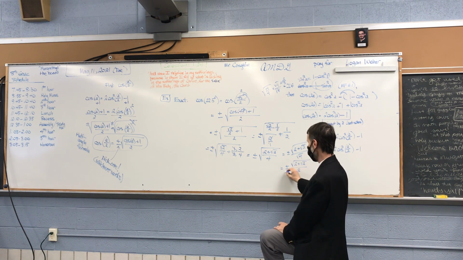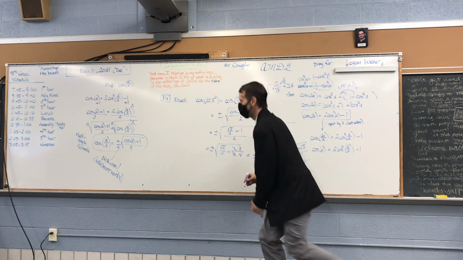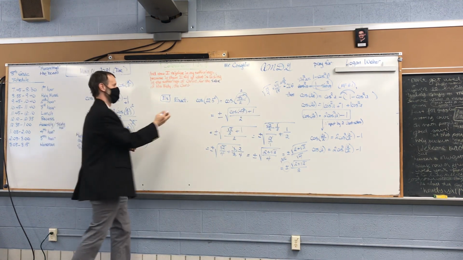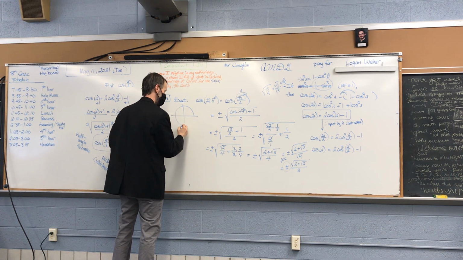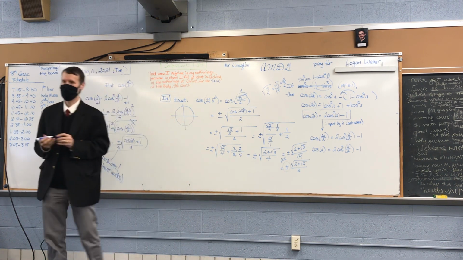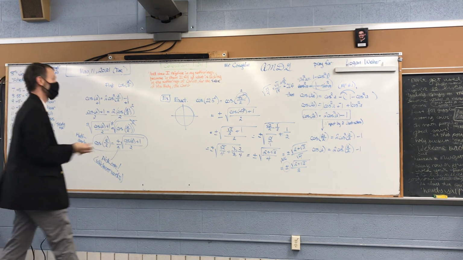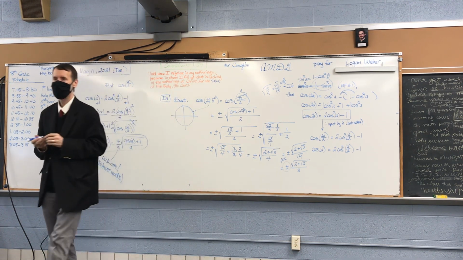And the question: we were supposed to pick one. How on earth? Do you just pick one at random? Can anybody tell me where we are on the unit circle? Where's 22.5 degrees? What quadrant? The first quadrant. So it's not very far into the first quadrant. Are we talking about sine or cosine?